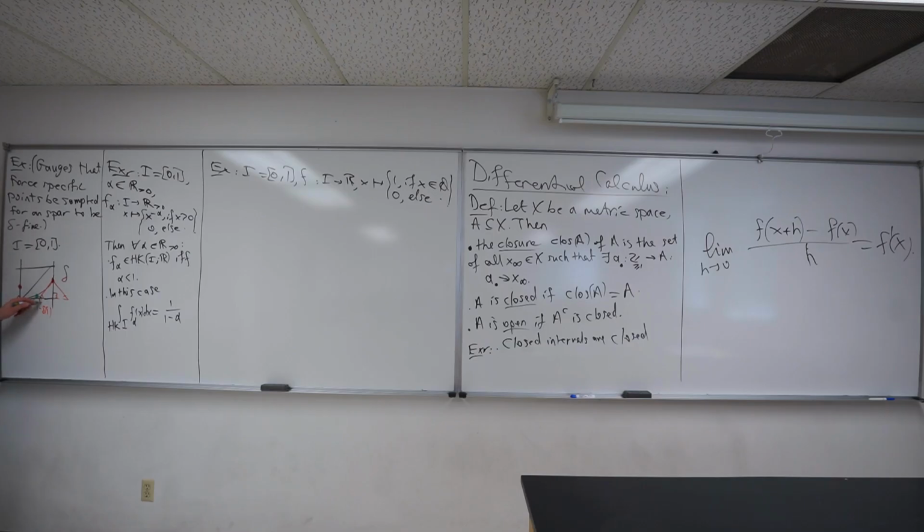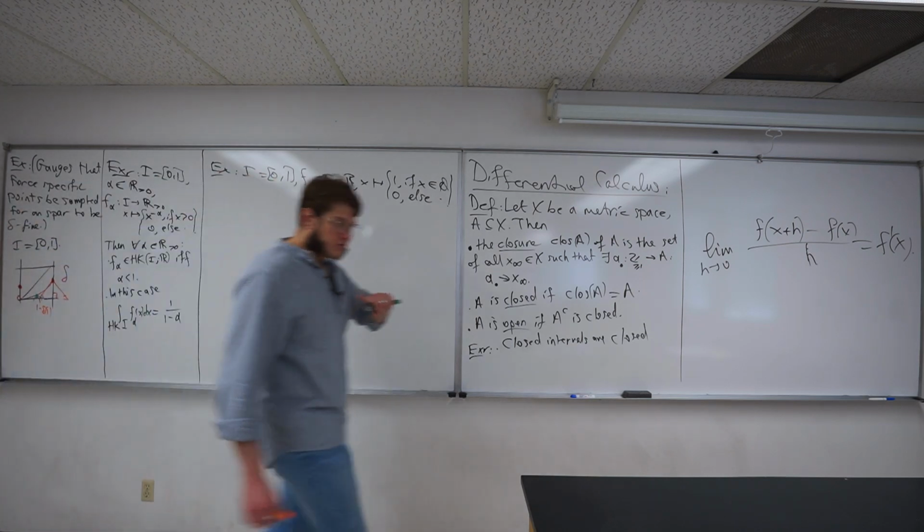And since the graph of delta is always underneath y equals x, unless I sample this point, 0, I will never be able to cover 0 using my sampled partitions.